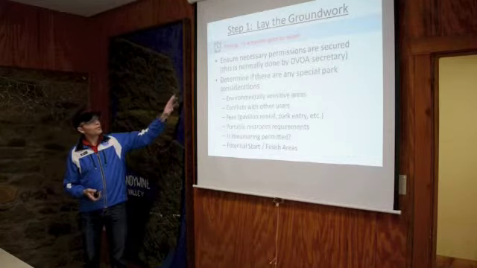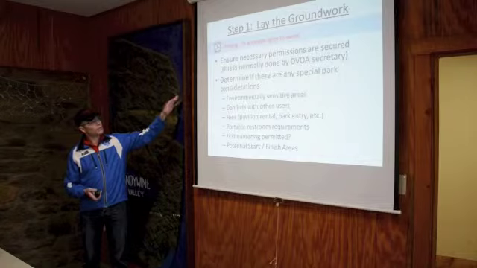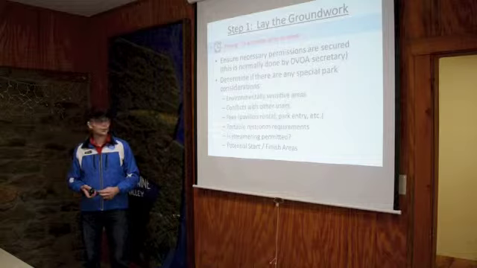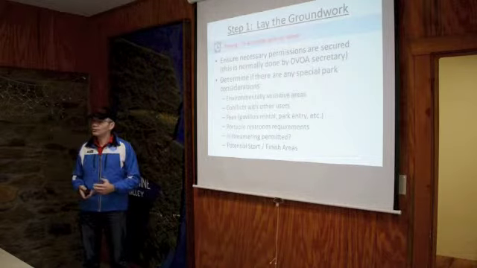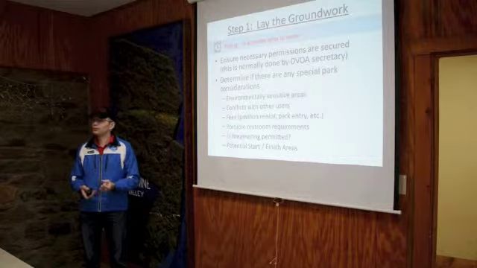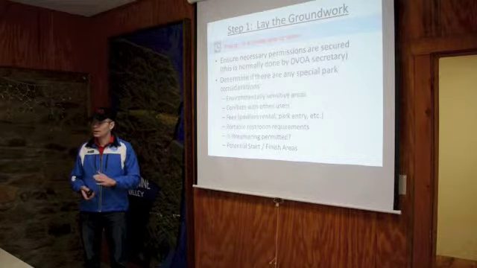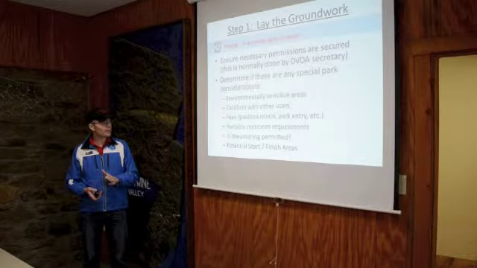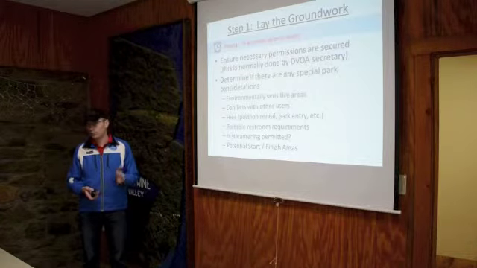So once you have permission, you want to figure out if there are other big picture considerations for using an area. Are there environmentally sensitive areas? Is it an area like Fair Hill, which is a big multi-use area that has all sorts of different events going on? Are there fees that you have to pay?